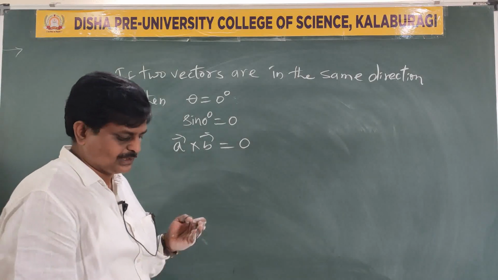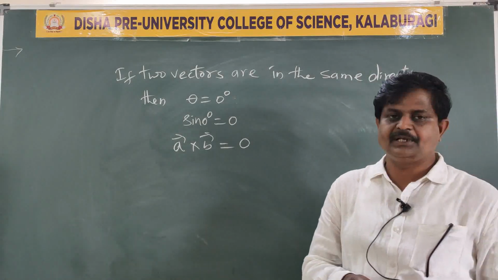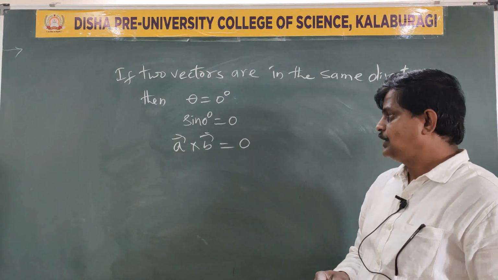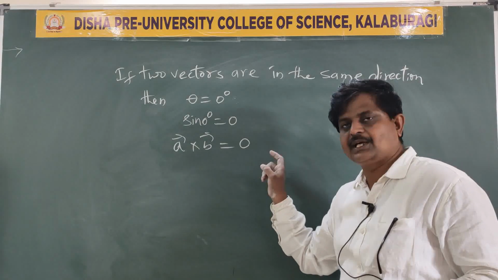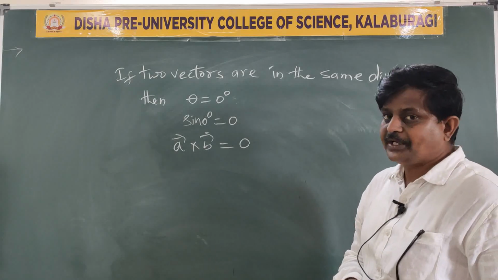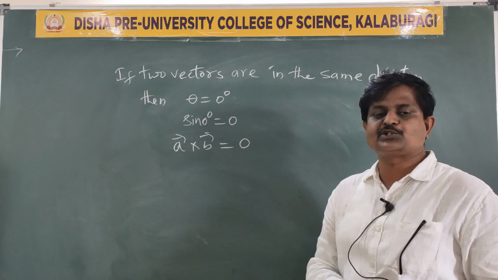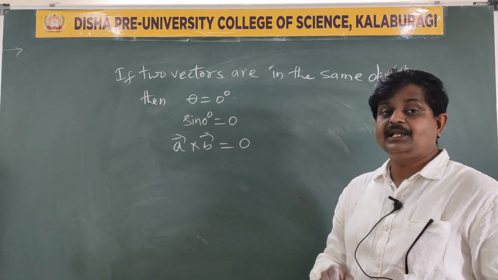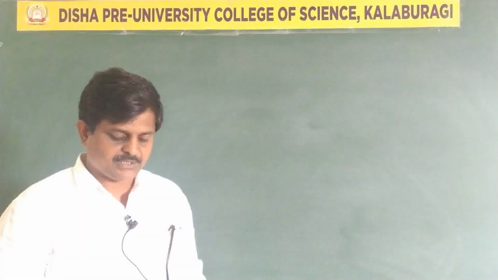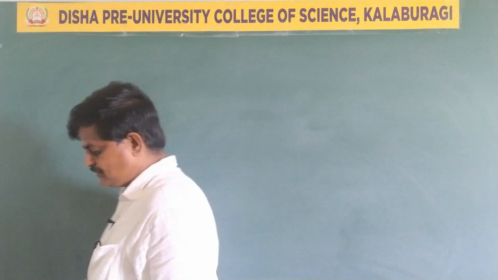And one more interesting thing. Whenever you operate two vectors under the operation called cross, if your result is 0, this can be used as a condition for two vectors to be parallel. Please remember, what was the condition for two vectors to be perpendicular? Their dot product is 0. The condition for two vectors to be parallel is that the cross product of the two vectors is 0.